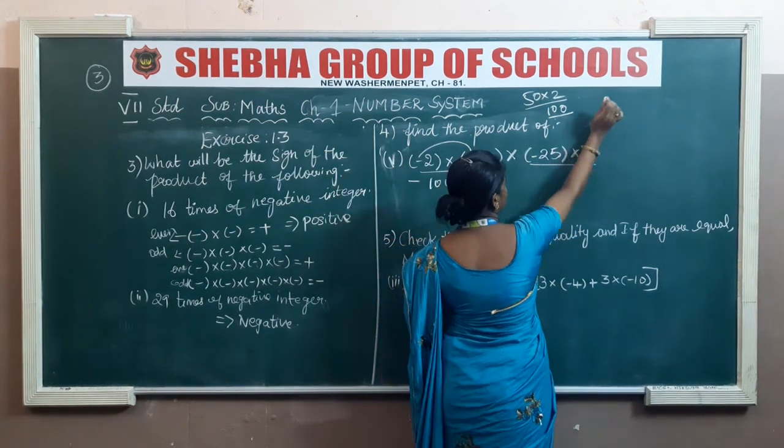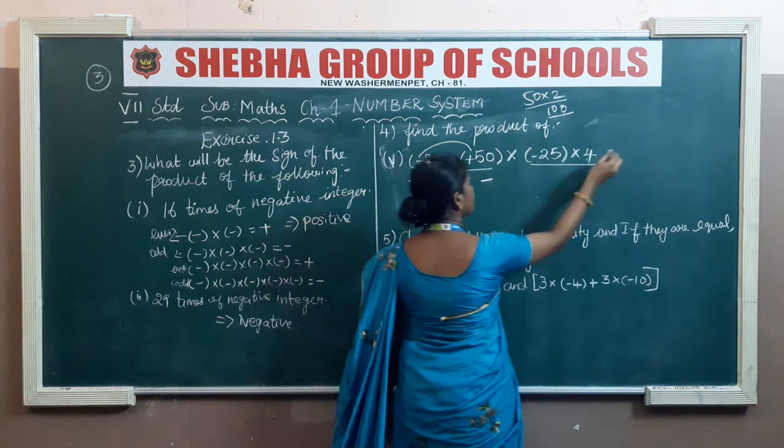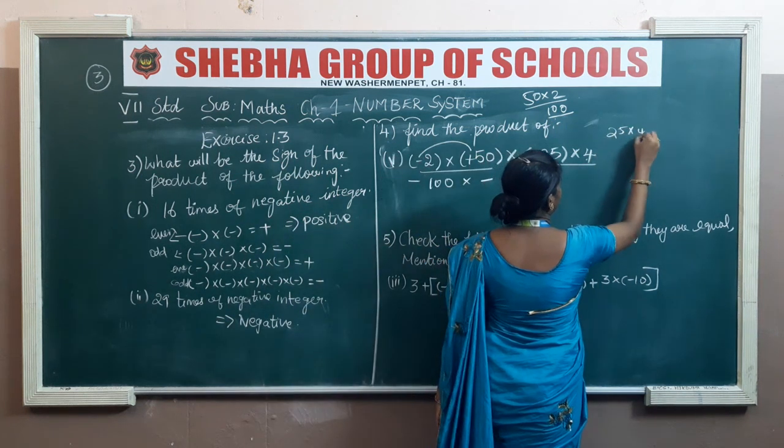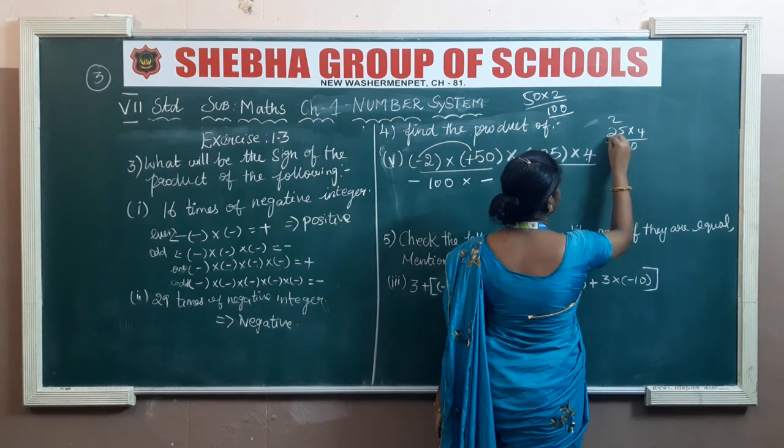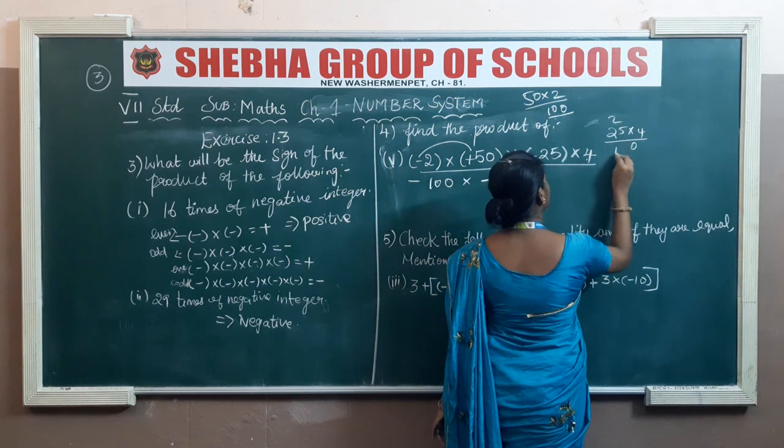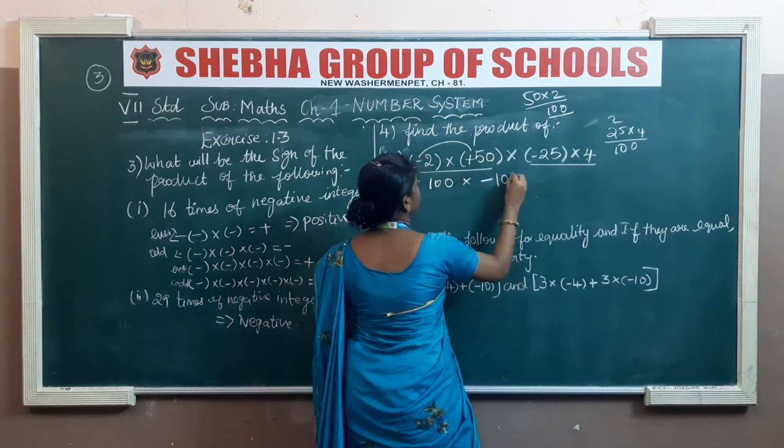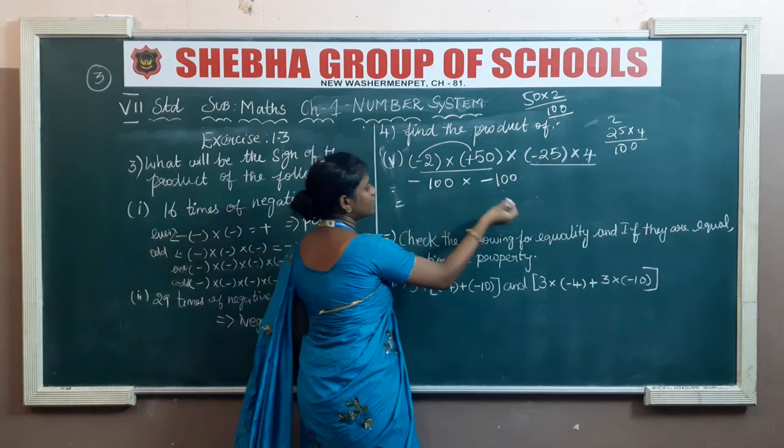Minus into minus is plus, so 25 into 4: 4 fives are 20, 2 fours are 8, 8 plus 2 is 10. So the value is 100. Now we have to multiply 100 into 100.